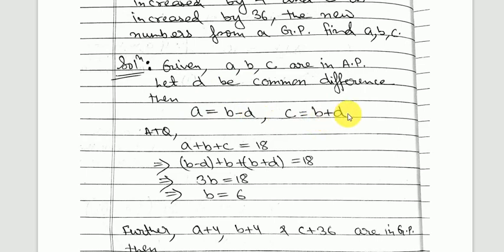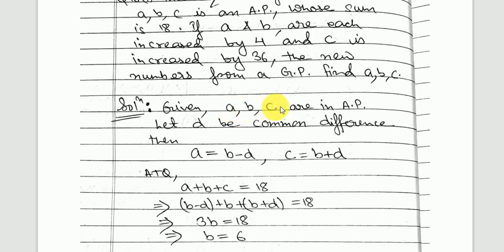Getting it? Because a, b, c are in AP, b minus a will be the common difference d, and c minus b will also be the common difference. That means if from b you subtract d, you get a, and if to b you add d, you get c. That's why a is b minus d and c is b plus d.